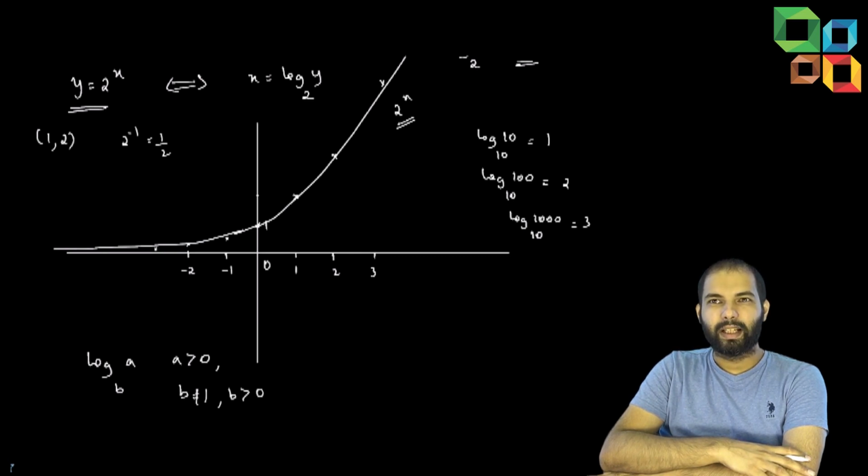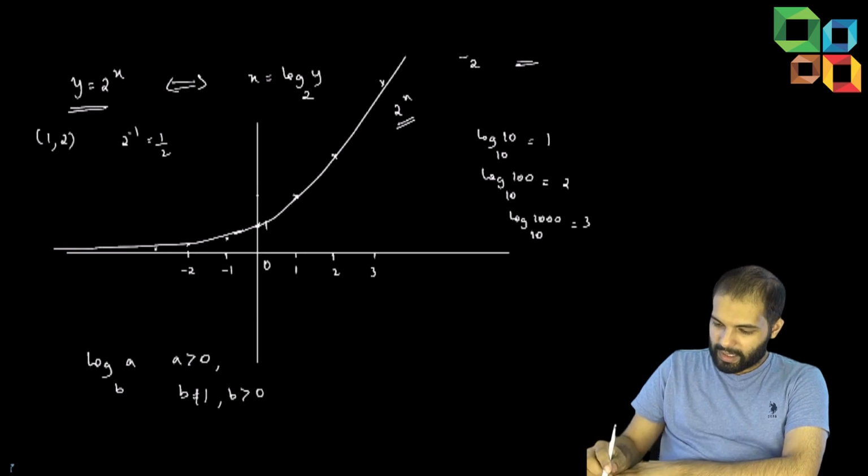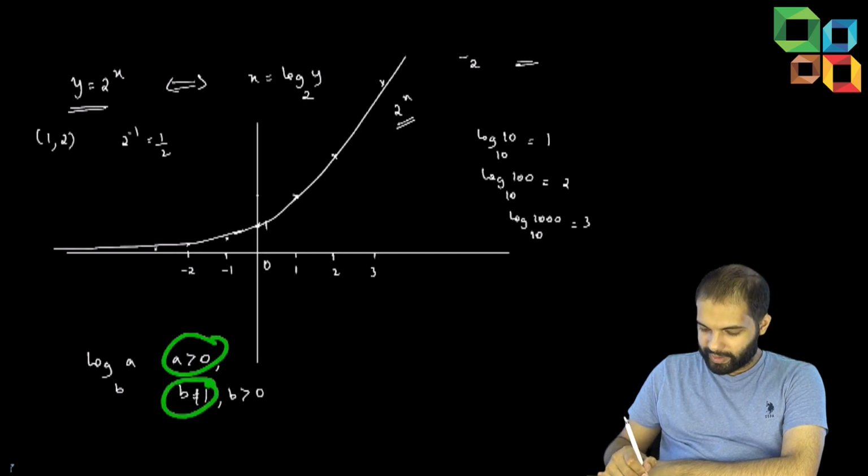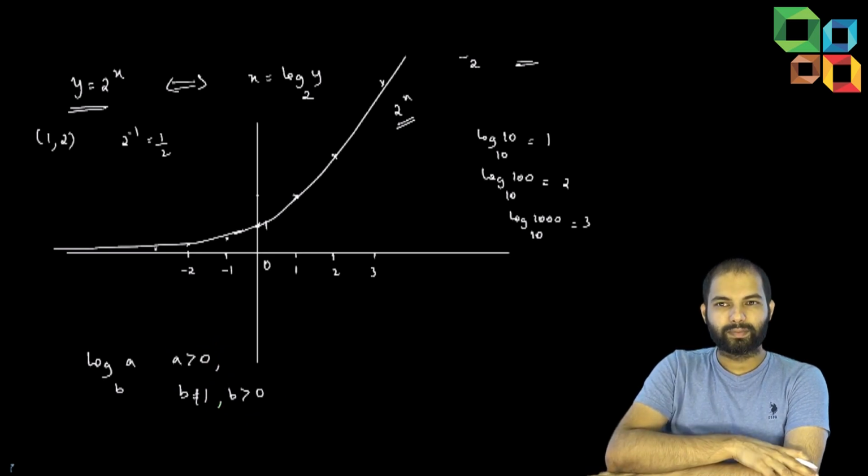Any justification for that? We know why a should be positive, right? It's not randomly given. It should be meaningful. Can anybody explain why b also should be positive?